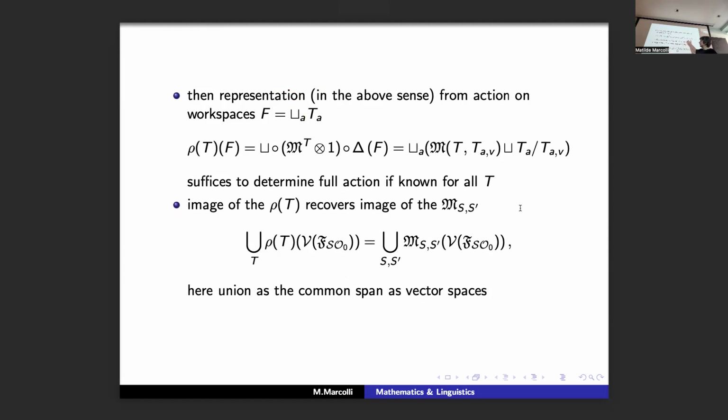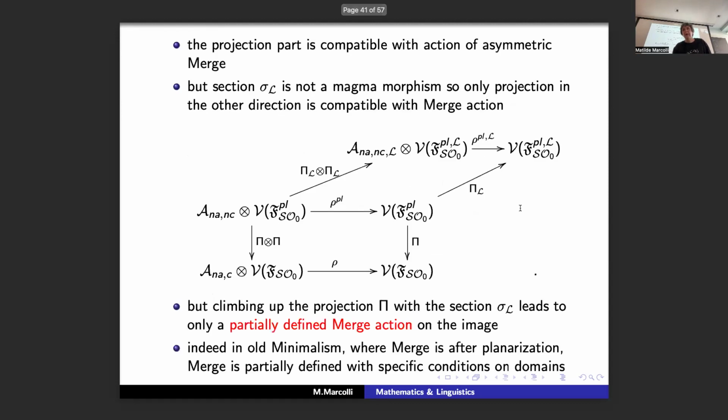So you can, to an extent, recover the same picture of the action of merge on the workspaces in terms of these objects, which are non-associative algebras and the corresponding action vector spaces. And this gives you a picture of this externalization correspondence and to what extent it can keep track of the action of merge or not.